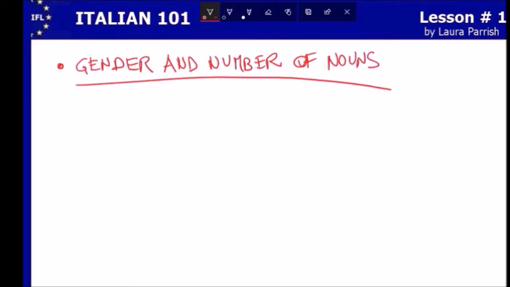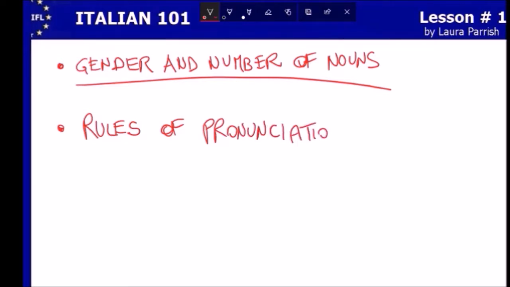After this, the next topic is very important. It's kind of boring, but it's very important: rules of pronunciation. Those are the two topics of this lesson. So let's start immediately.